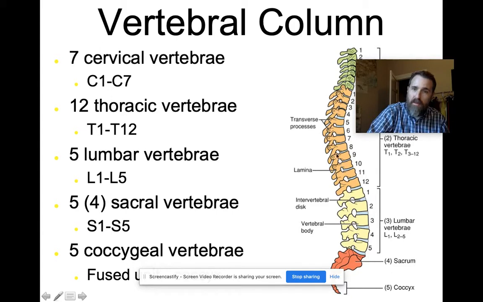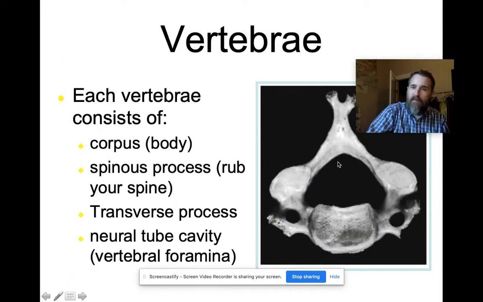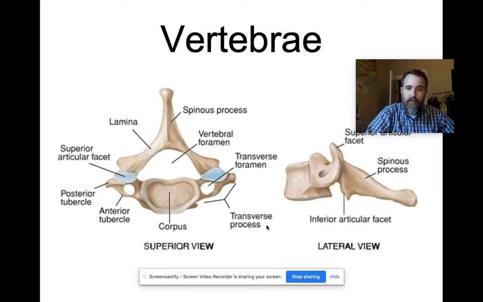This is where the spinal cord would be coursing vertically through the vertebral column. It courses through the vertebral foramen. Foramen is singular, foramina is plural.